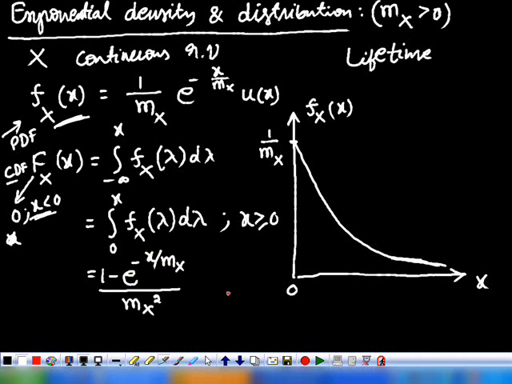Check it. Mx will be eliminated, no mx square. Do the integration correctly, because we already have 1 by mx. Then mx, I think mx gets cancelled.